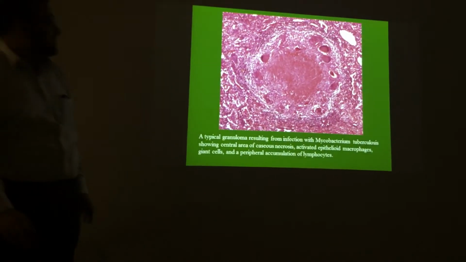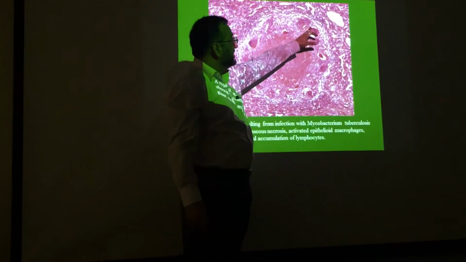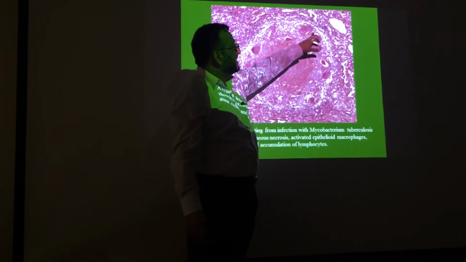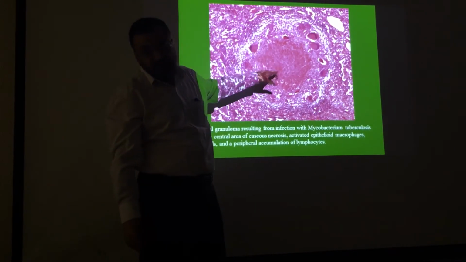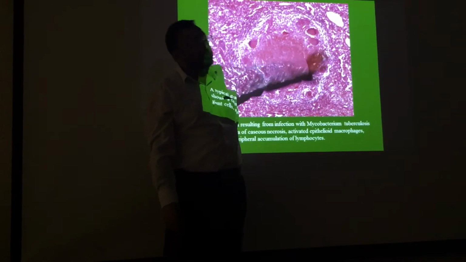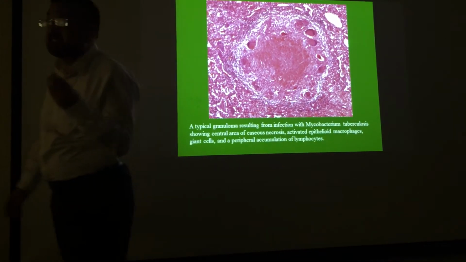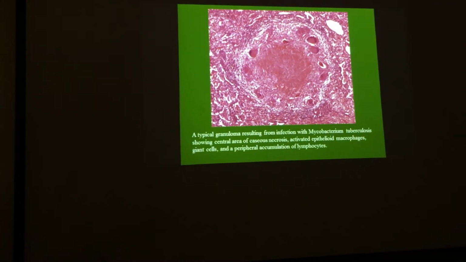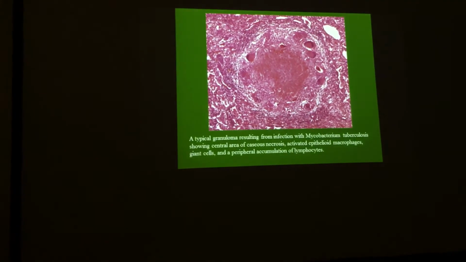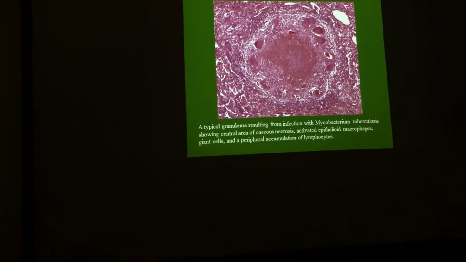Now, if you see, these are giant cells with peripherally arranged nuclei. This is necrosis, which is basically caseous necrosis. So caseous necrosis with this type of giant cells, the most important cause is tuberculosis. Caseous necrosis always occurs in tuberculosis, and Langhans type giant cells also occur in tuberculosis.